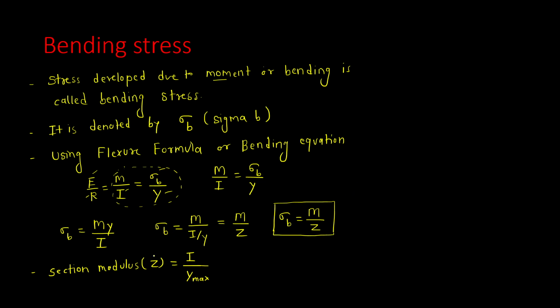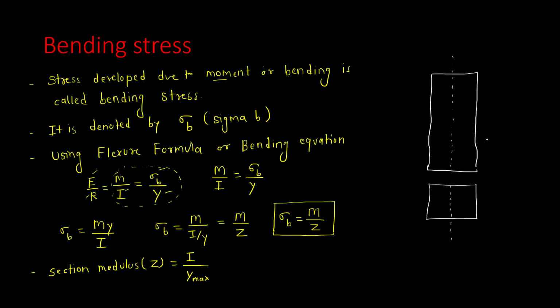Okay, now we'll try to see diagrammatically the same thing. So this is our vertical compressive member. This is the top view, and this is the centroid. We'll try to understand a few important things here. So I'm taking the moment acting in clockwise direction.